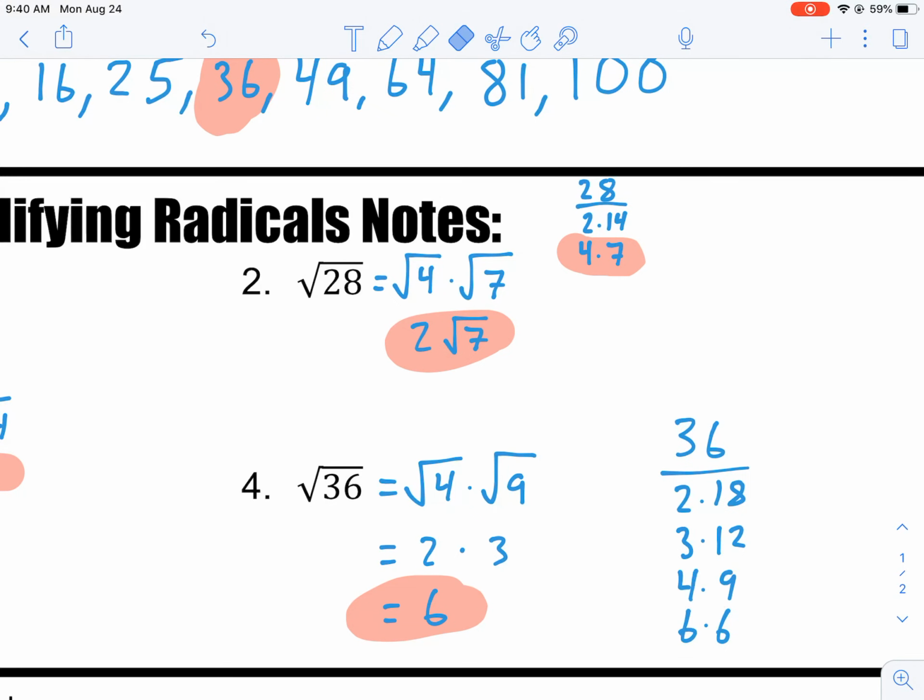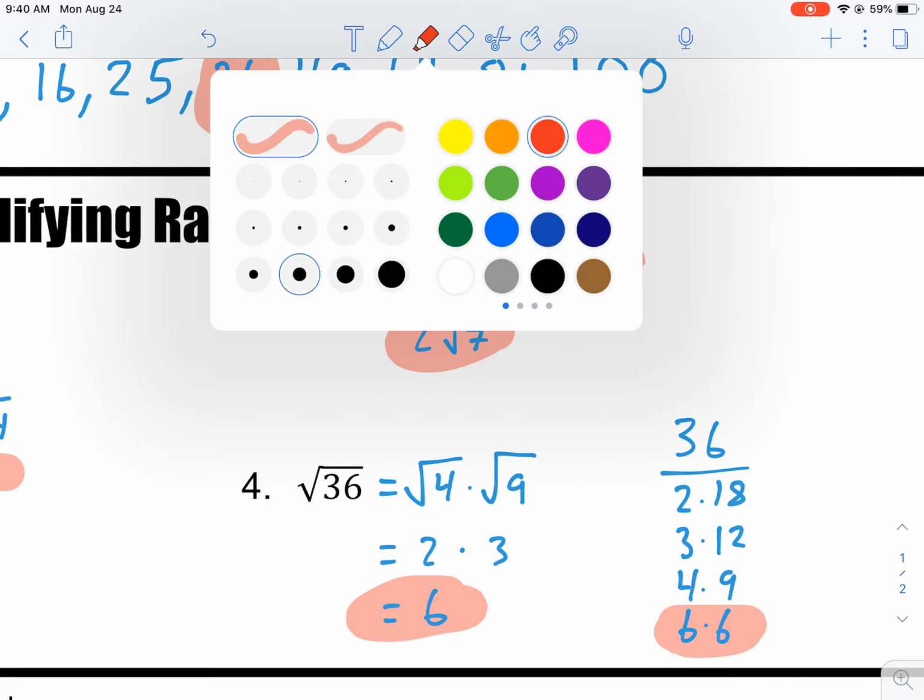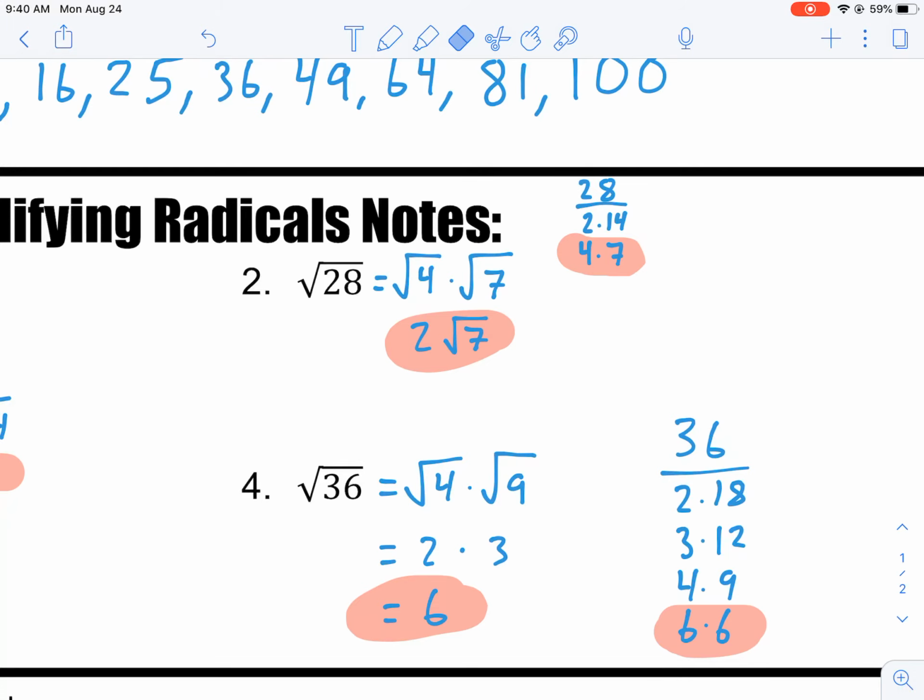Even if you didn't recognize that at first, this right here should have told you: 6 times 6 is 36. That's 6 squared, right? So 36 is a perfect square. So we didn't actually need to do all these steps. We could have just skipped over all this and written square root of 36 equals 6, all right?